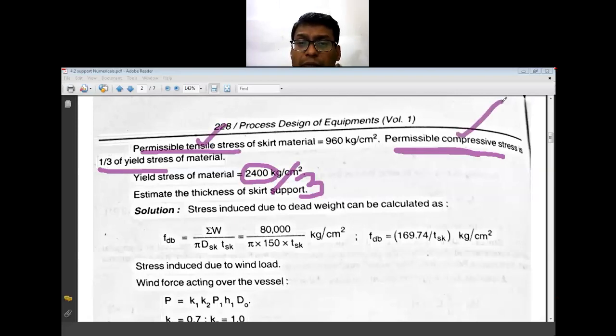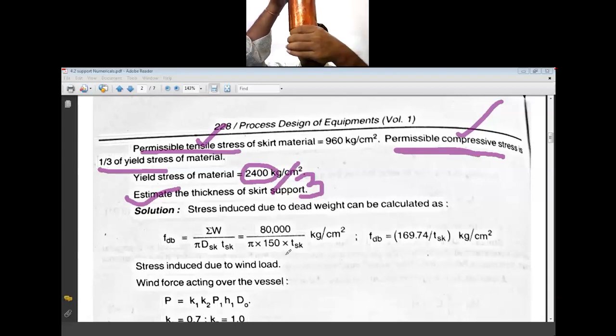Then the permissible tensile stresses of the skirt material is equal to 960 kgs per centimeter square, and the permissible compressive stresses is 1/3 of the yield stresses of the material. So what are the yield stresses? It is 2400 kgs per centimeter square. So what will be the permissible compressive stresses?